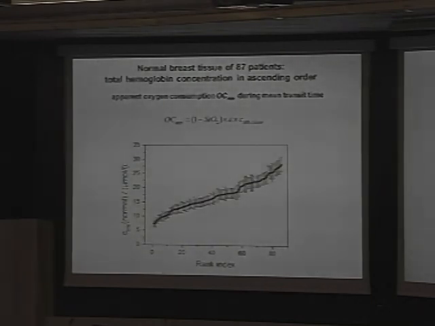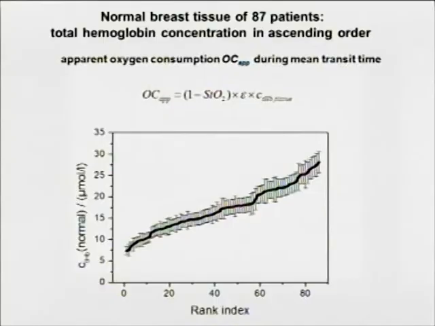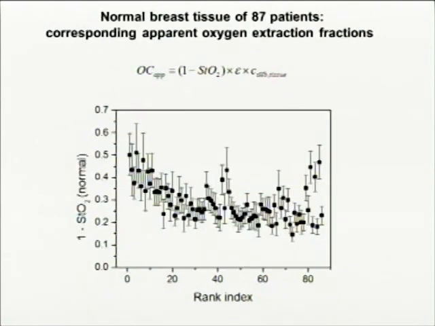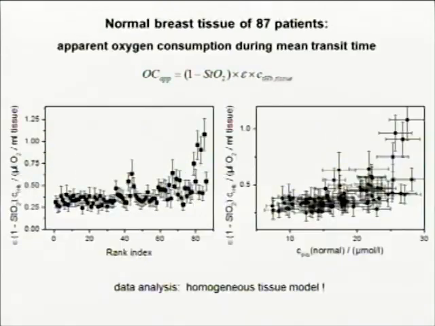Now let me show you the total hemoglobin concentration of the 87 patients, and we have arranged these measurements just in ascending order. And now I'll show you the corresponding oxygen extraction fraction corresponding to this ordering, and you see the oxygen extraction falls down, and when you multiply the two, you get the apparent oxygen consumption, and this apparent oxygen consumption is basically flat.